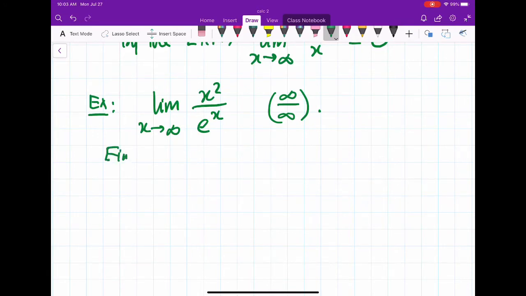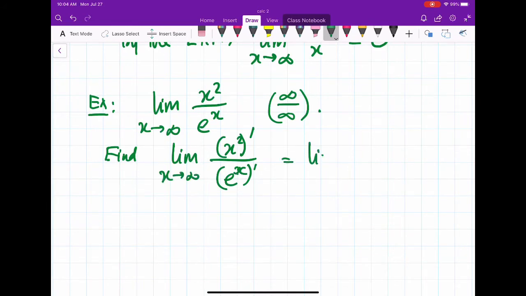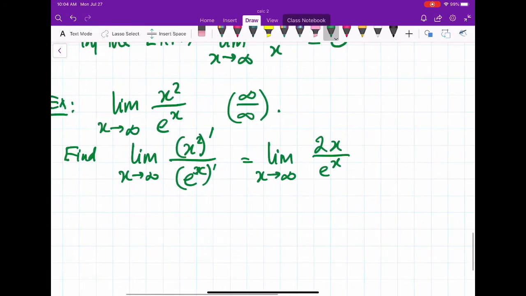We can use L'Hopital's rule. I need to find the limit of the derivative of x squared divided by the derivative of e to the x when x approaches infinity. And this is the limit of 2x over e to the x as x approaches infinity, because the derivative of e to the x is itself. But at this stage, we still don't see the limit, because the new limit has the form infinity over infinity. So that means we may use L'Hopital's rule one more time. We can differentiate one more time.